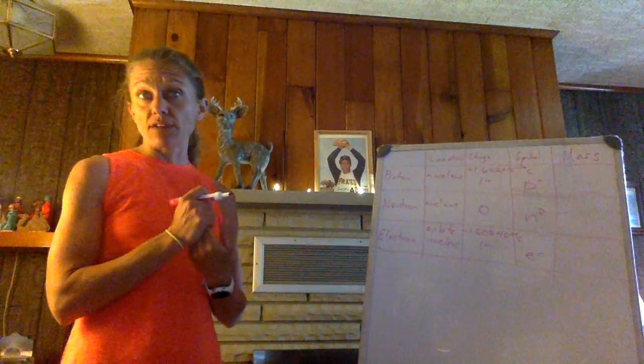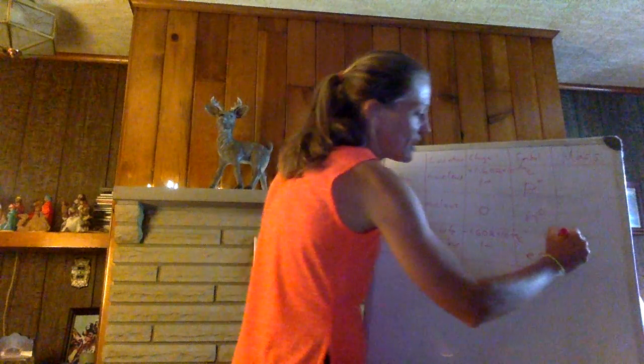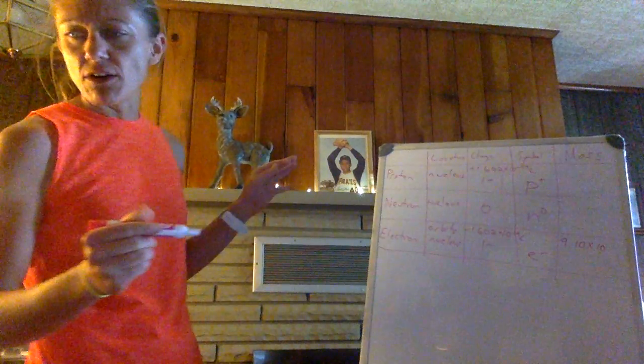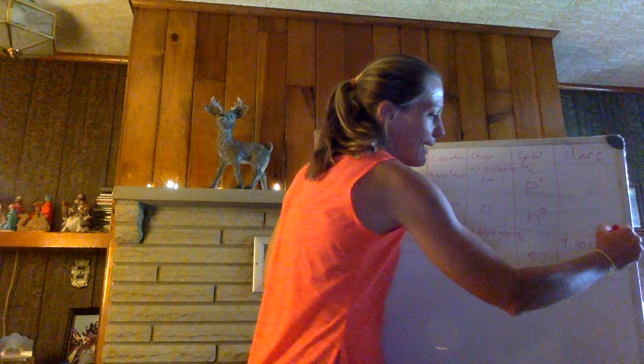For mass, I'll tell you that the mass in AMU, atomic mass units, is much more important, at 1, 1, and 0. But the mass in grams, we already talked about, is 9.11 times 10 to the negative 28 grams, oh so tiny.